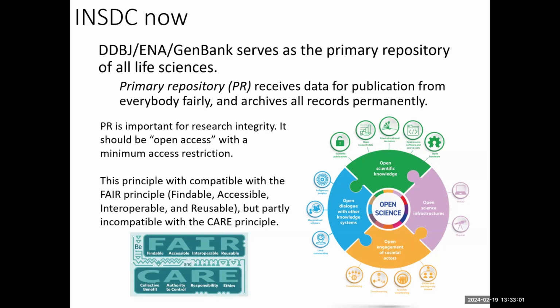So the primary repository is very important for research integrity. If you want to reproduce or double check any result, you need to come back to INSDC and check the original record. For this very purpose, we need to keep our open access with minimum access restriction.